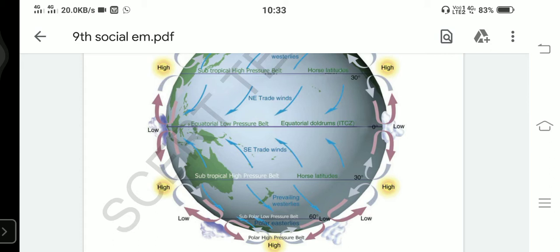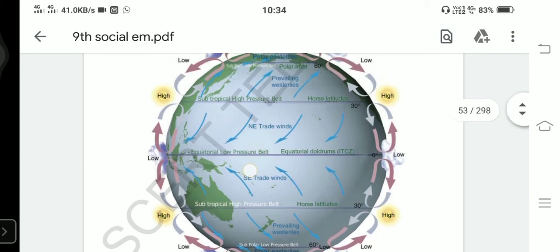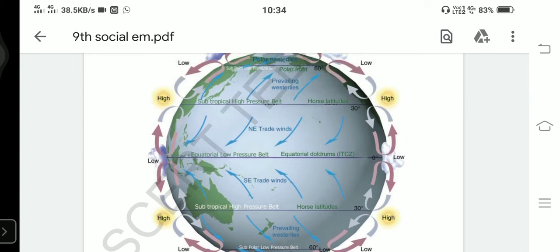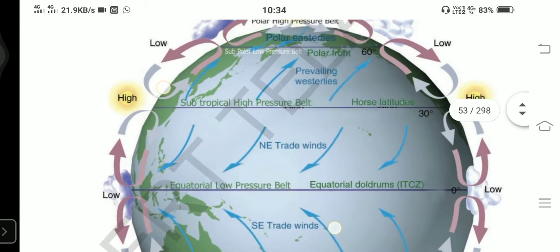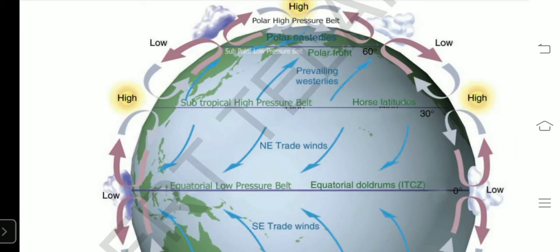Then second is westerlies, and these westerlies blow from the temperate belt. See here in the diagram, the prevailing westerlies are given.